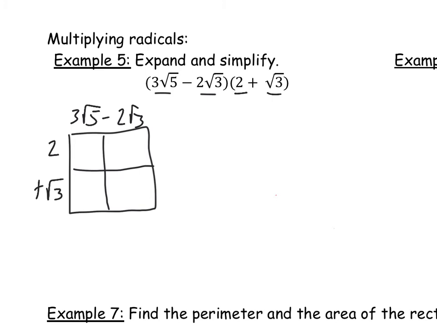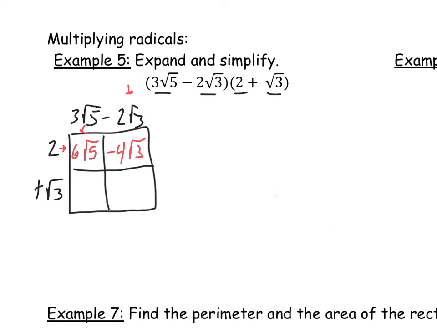So multiplying this, first of all, this row by this column, 3 square roots of 5 times 2. Well, the 2 times the 3 is 6, and there's no other radical, so it's just the square root of 5. And then that 2 times this negative 2 square roots of 3, that's negative 4 square roots of 3.